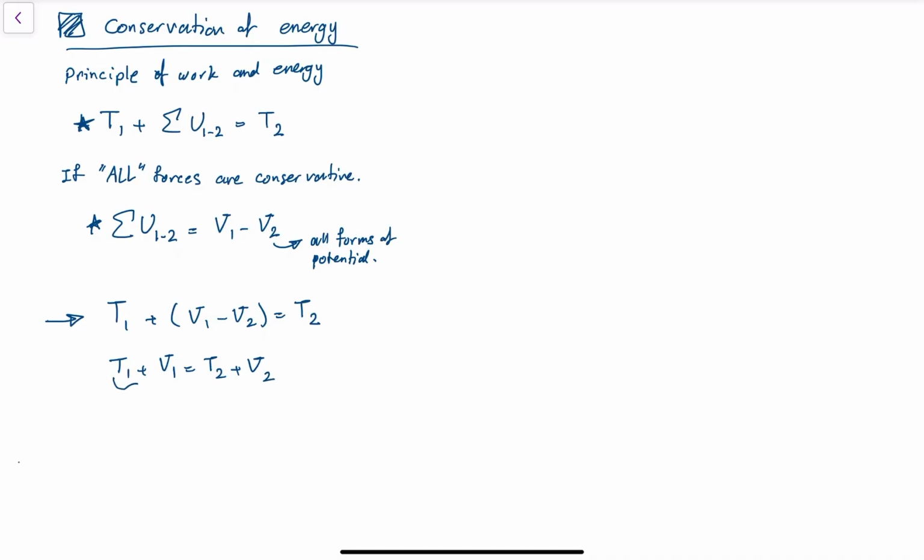In other words, T is the kinetic energy, V is the potential energy. This is the total mechanical energy of the system at some initial instant, and it should equal the total mechanical energy of the system at another time.